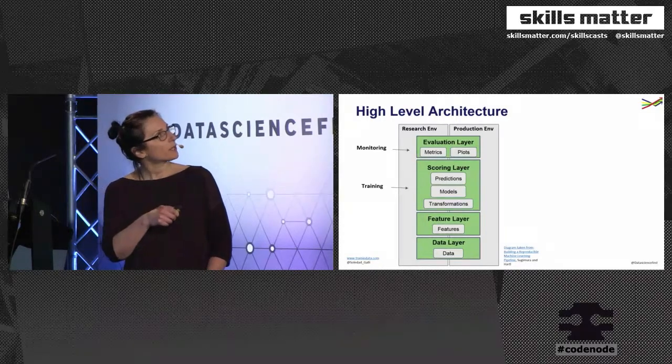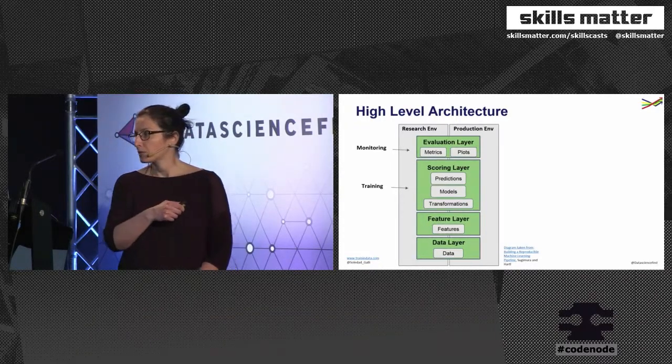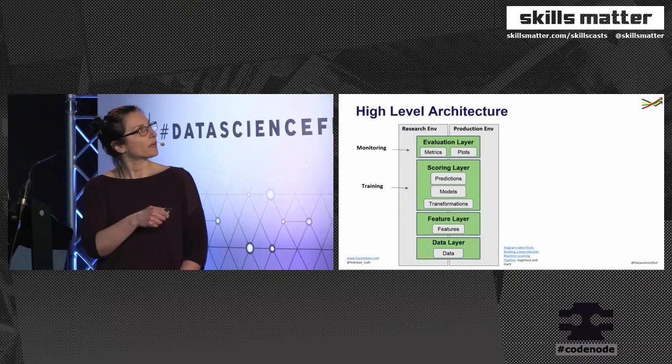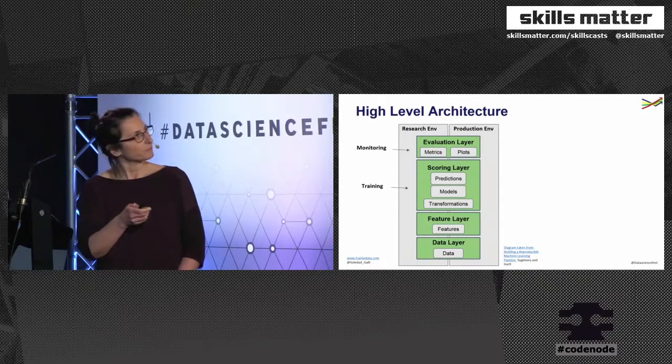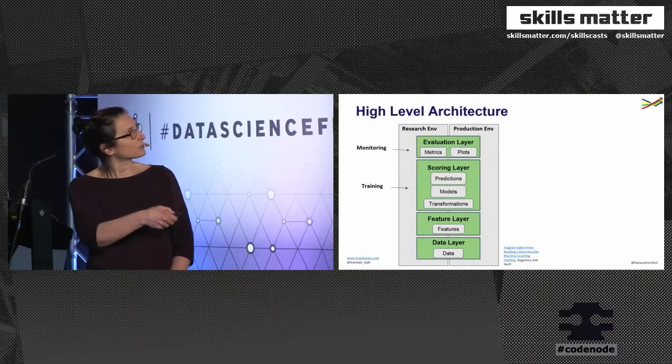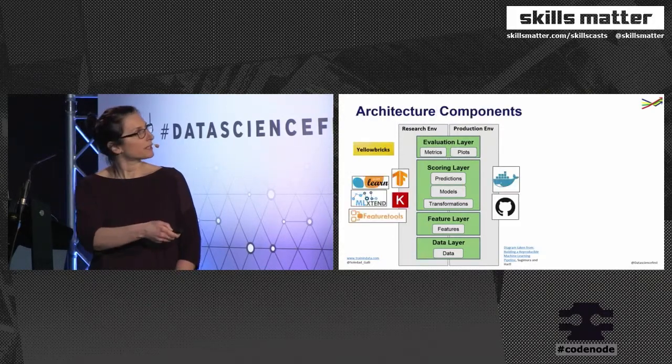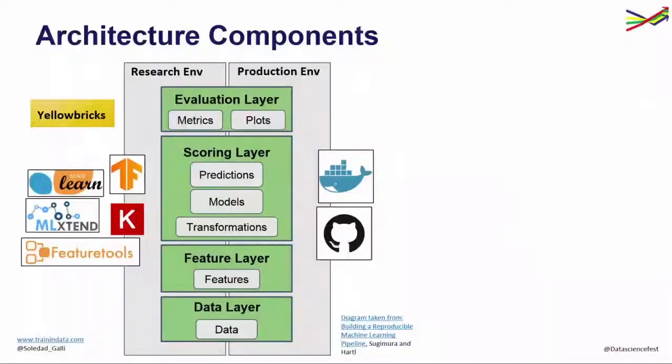And then we have an evaluation layer, where we not only evaluate the performance of the model, but we can also evaluate the equivalence of the models between this environment and this environment. And this is not about creating a whole pipeline from scratch. This is actually about leveraging the power of existing libraries that we have in place. So we all know potentially scikit-learn, TensorFlow, Keras, and other packages for feature engineering and other stuff.